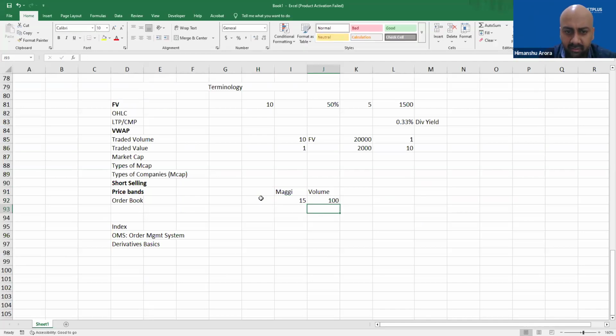For example, you are a wholesaler of it. 1,000 Maggies when you were finding it cheaper. Even more when you were finding it further cheaper. And you needed more quantity, so you bought it here.